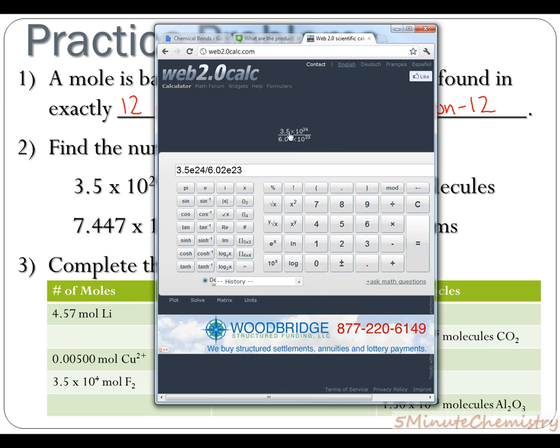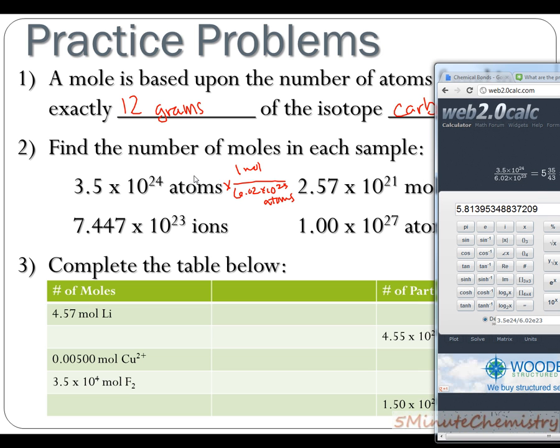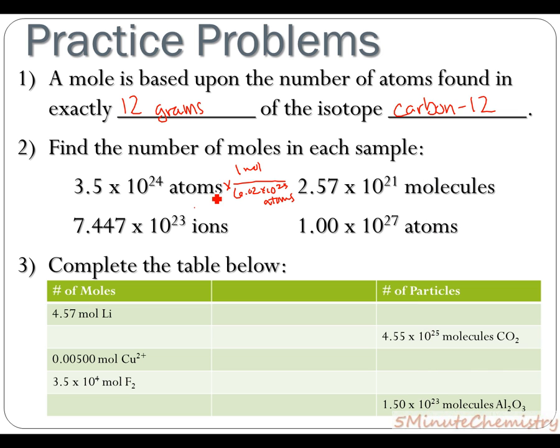If you have this written out graphically, 3.5 times 10 to the 24 over 6.02 times 10 to the 23, and that equals 5.81 moles. So our answer here is 5.81 moles.